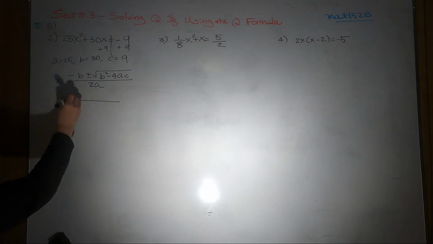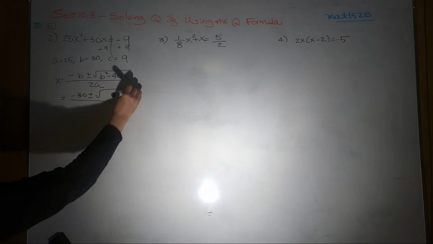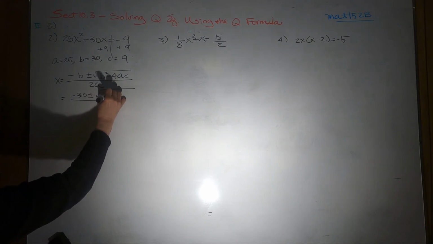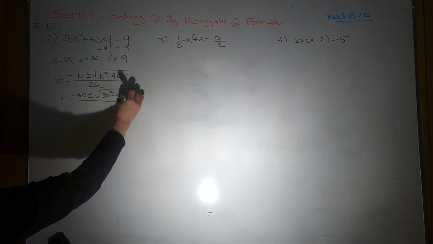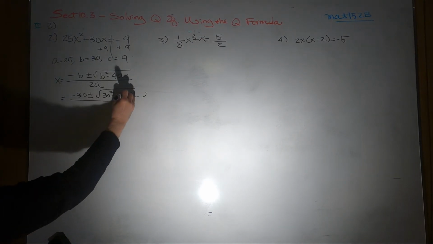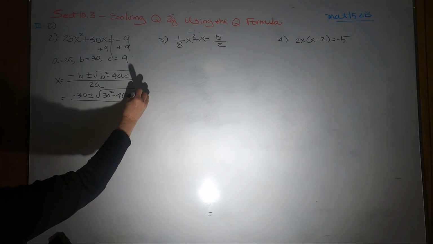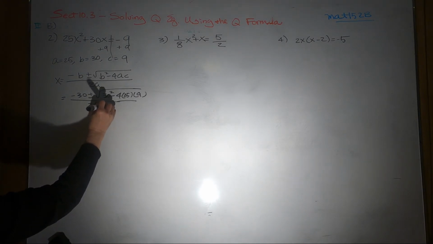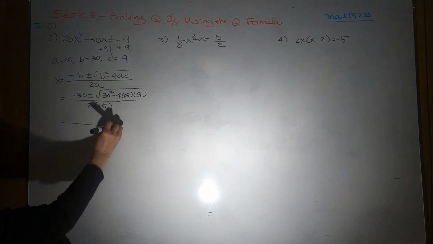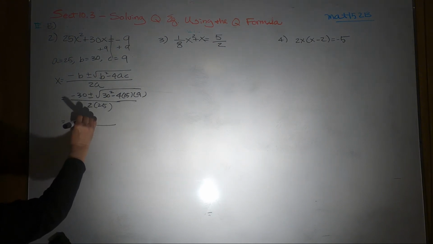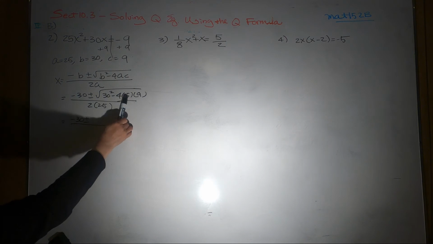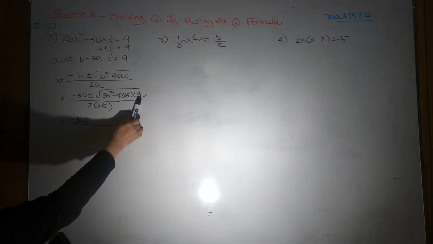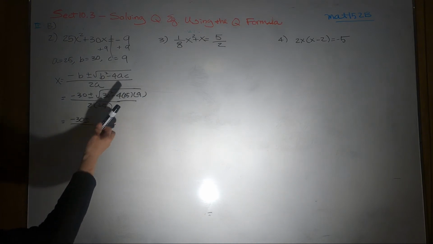So what's your b? 30. So negative 30 plus minus the square root of 30 squared minus 4ac. A is 25. C is what? 9. Over 2a. A is what? 25. Right? So what do we have? Negative 30 plus minus the square root of 30 squared, 900, minus 4 times 25 is 100, times 9, 900.